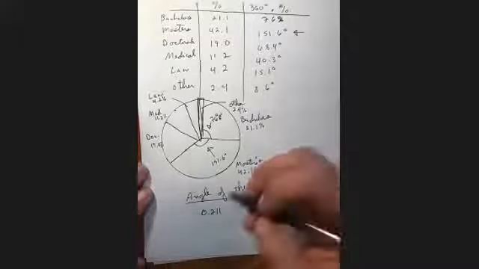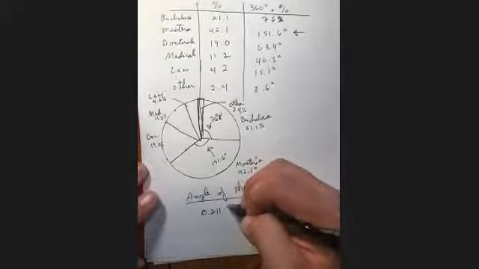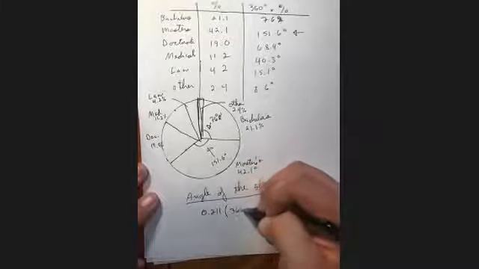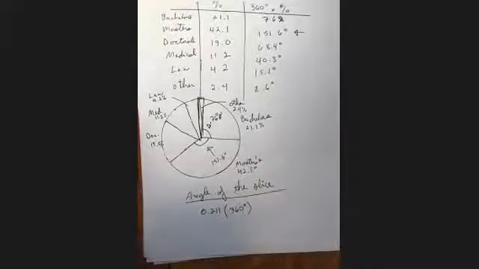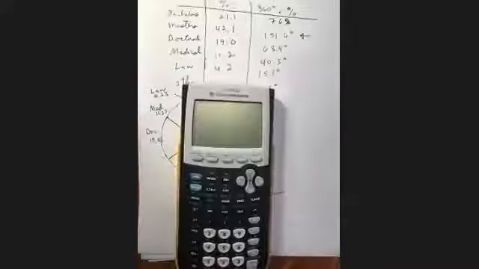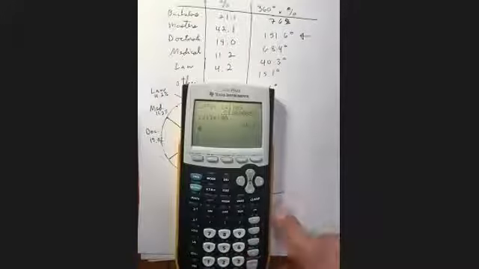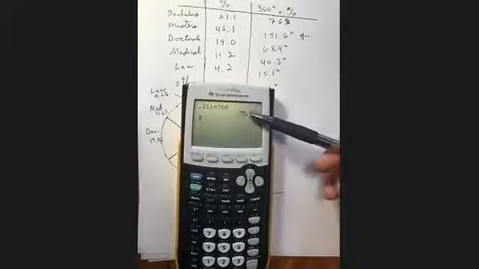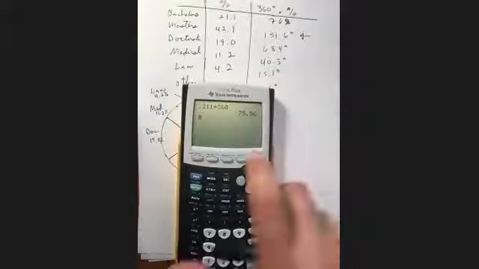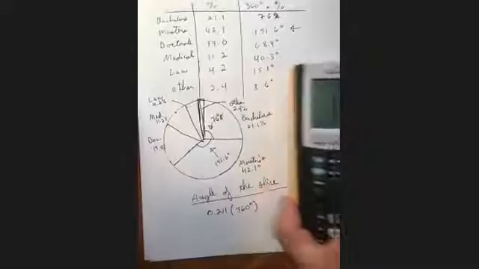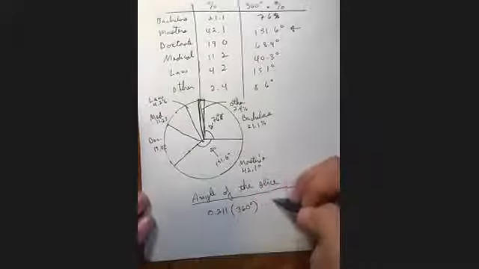Then we take that 0.211 and we multiply it by 360 degrees. So if we do that here on the calculator, 0.211 times 360 gives us 75.96. If we round this up to the ones place, we get 76 degrees.